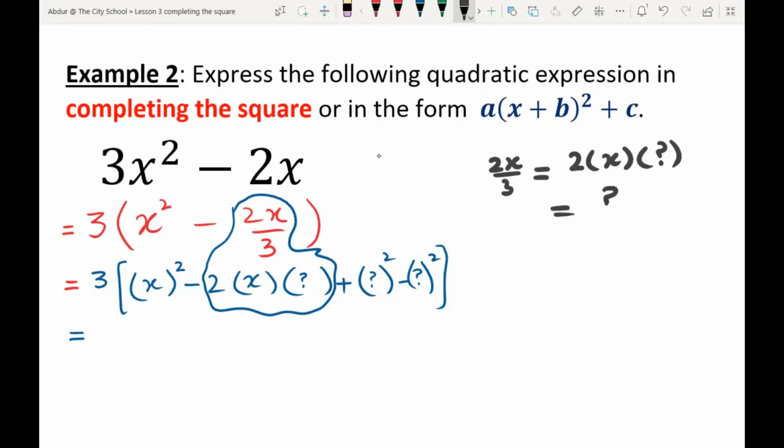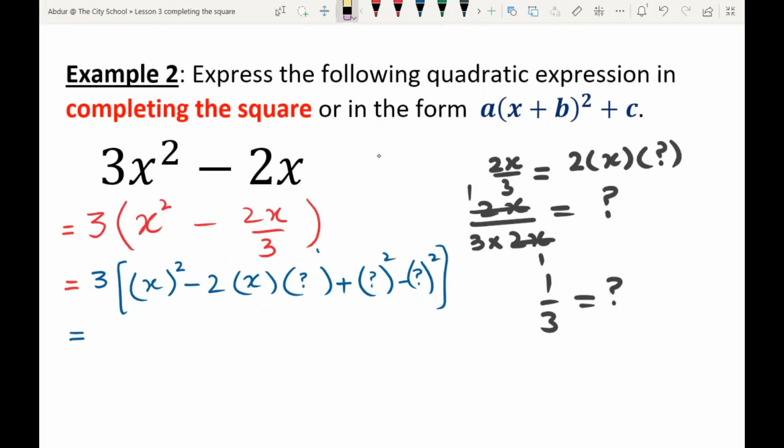So question mark will be 2x over 3 divided by 2x. Cancel out 1 here, and the unknown will be 1 over 3. So I'm going to write 1 over 3 here. In the place of question mark, I'm going to write 1 over 3.